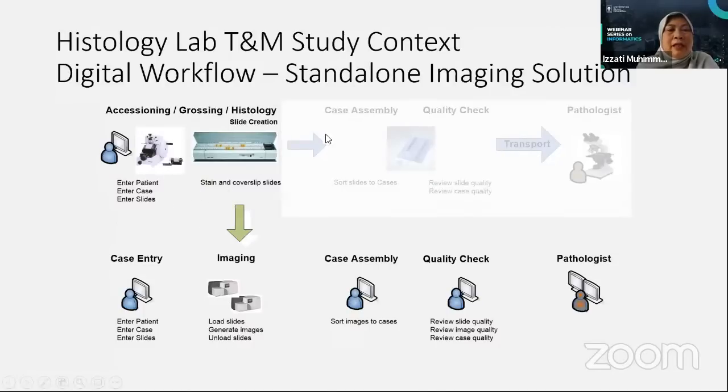Before that, it needs registration. Here the process is called case entry, and then the imaging uses a scanner or reading by a CCD camera. And then after that, the case assembly, then quality check, and then reading by the pathologist via the computer screen. That's the idea.